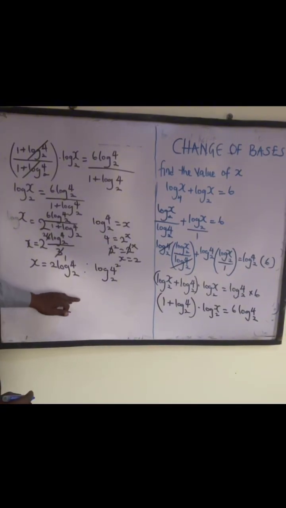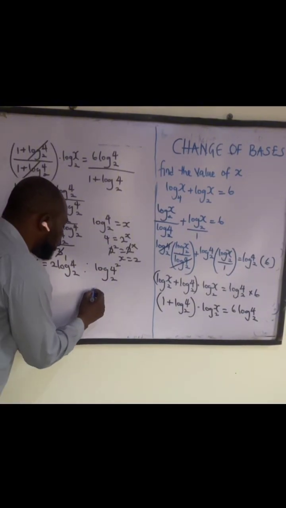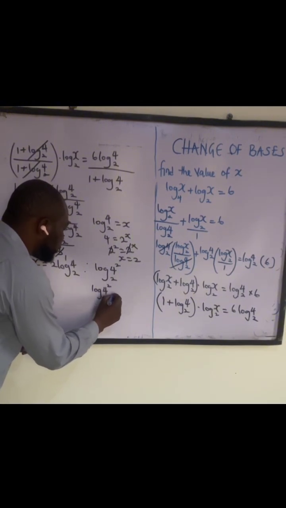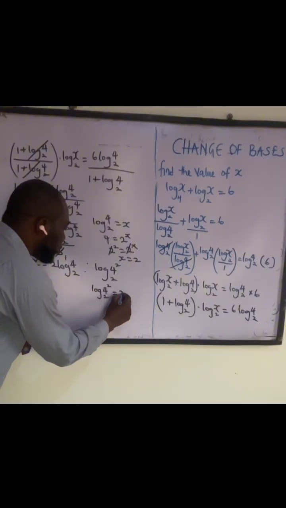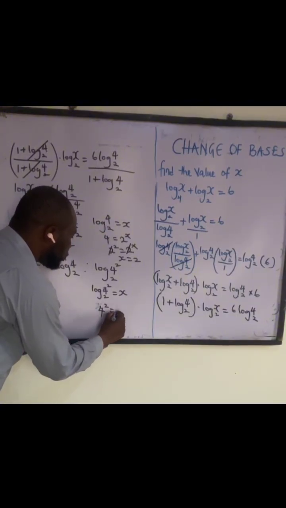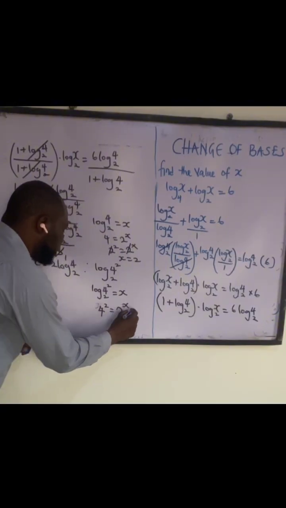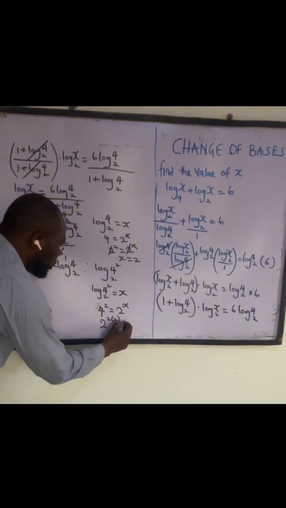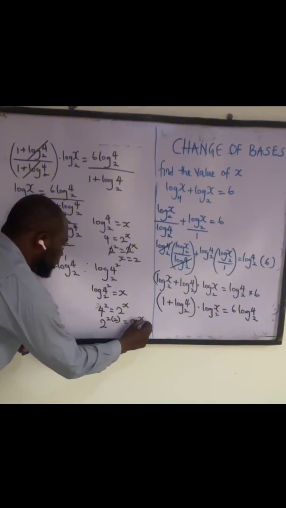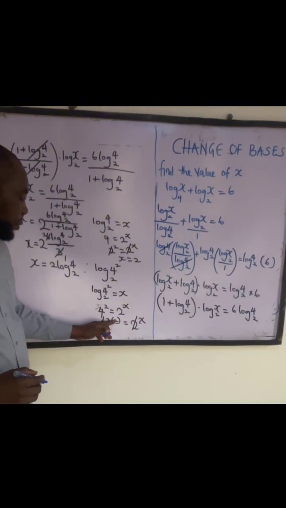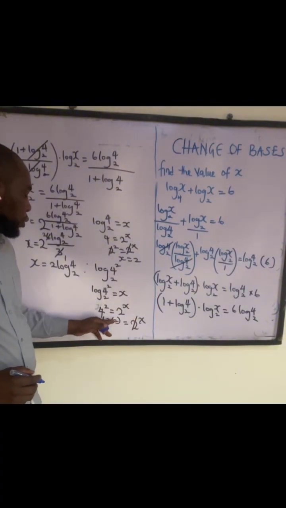So you are left with log of 4 raised to the power of 2 in base 2 equals x, so 4 raised to the power of 2 equals 2 raised to the power of x. So 2 raised to the power of 2 equals 2 raised to the power of x. 2 cancels 2, and 2 multiplied by 2 equals 4. So x is equal to 4.